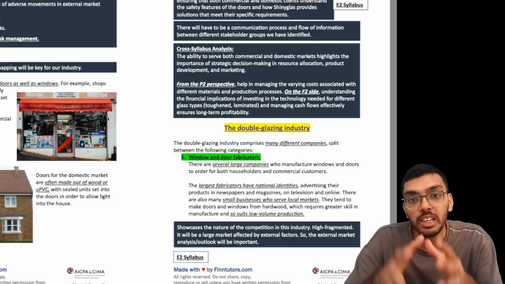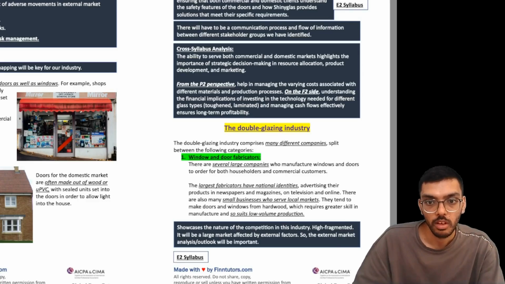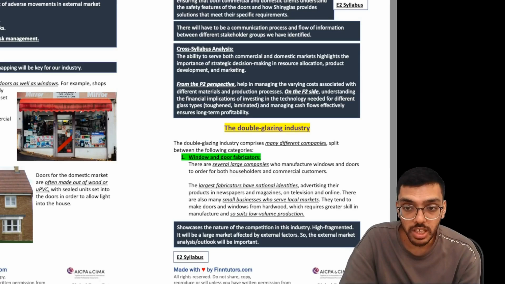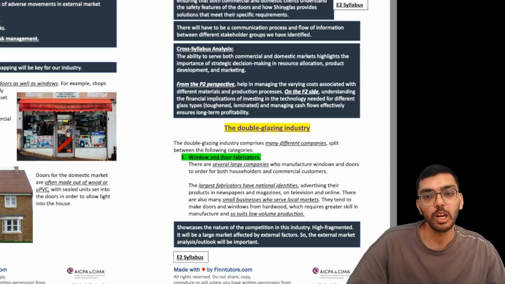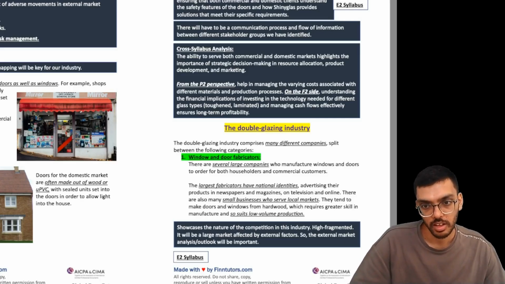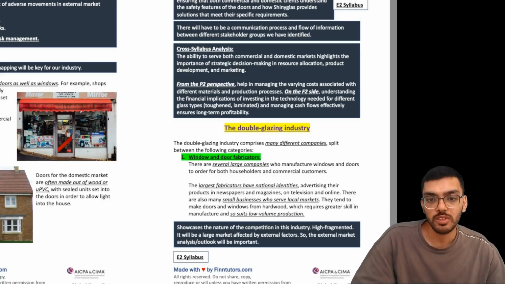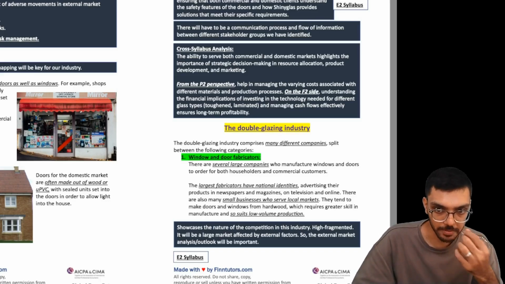Now to the double glazing industry specifically. Double glazing industry comprises many different companies split between the following categories. First, there are window and door fabricators. There are several large companies who manufacture windows and doors to order for both householders and commercial customers.